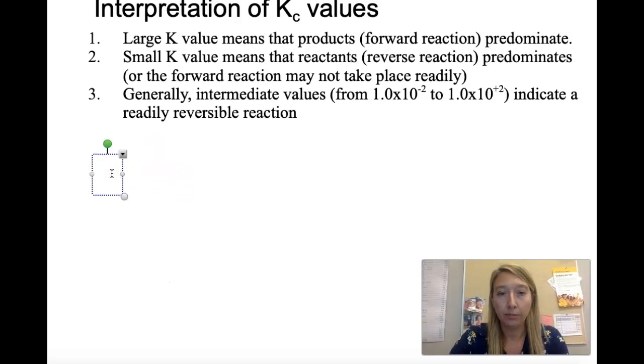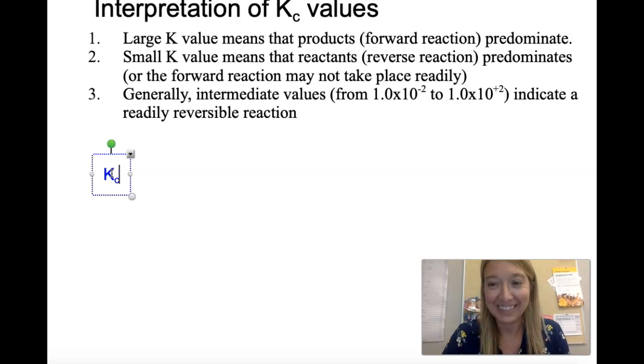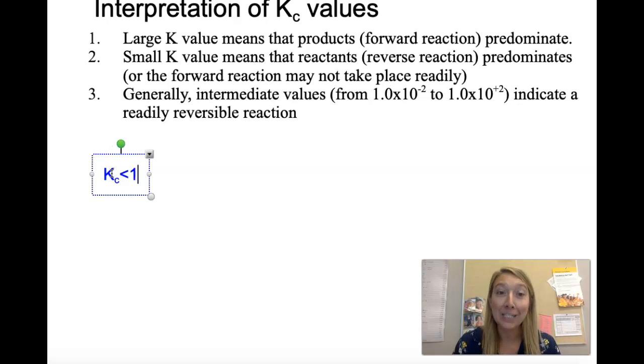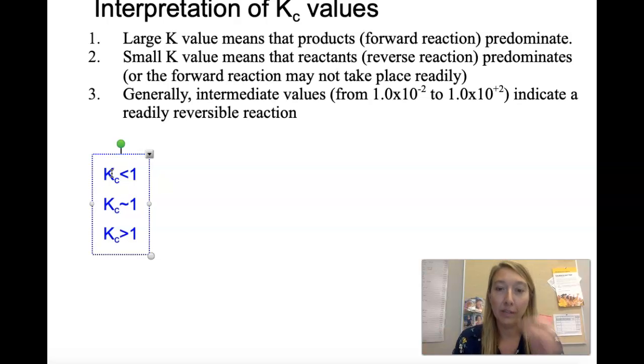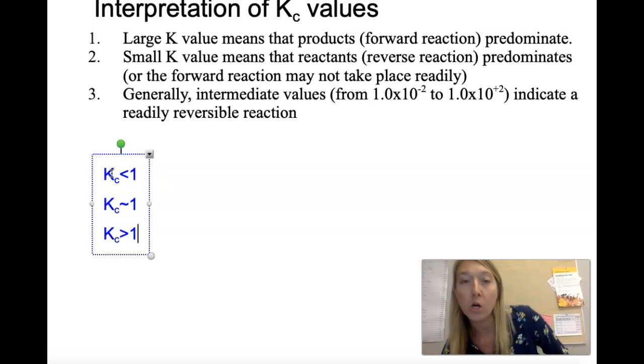Generally, those options are going to be that Kc is less than 1, that Kc is approximately equal to 1, or that Kc is greater than 1. Okay, so those are kind of our three options.